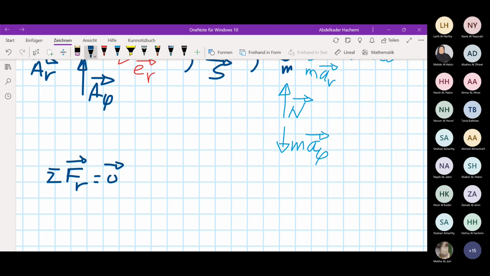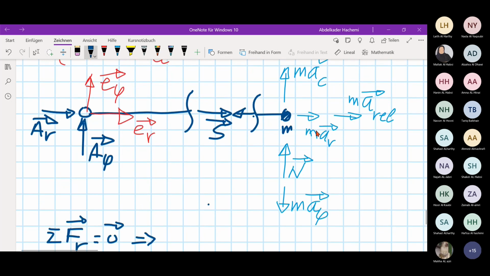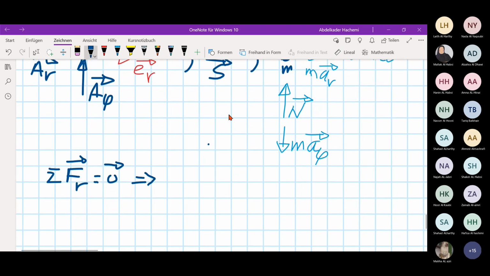Then we can write directly, in radial direction, M AR plus M A relative minus S, equal to 0.